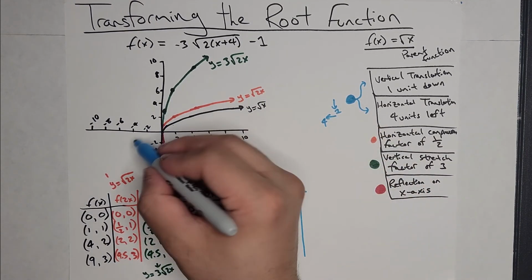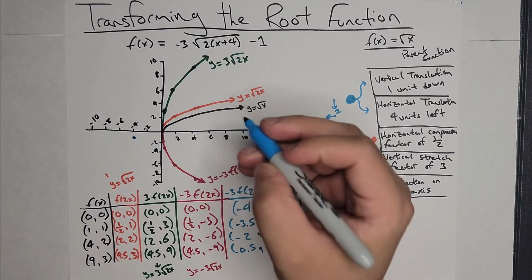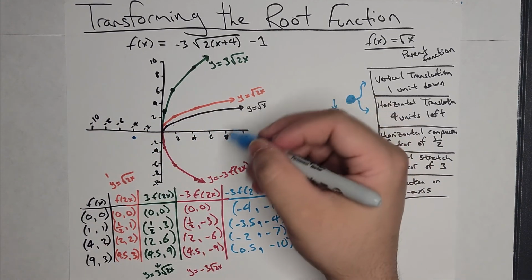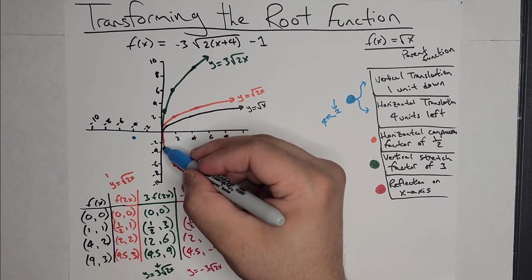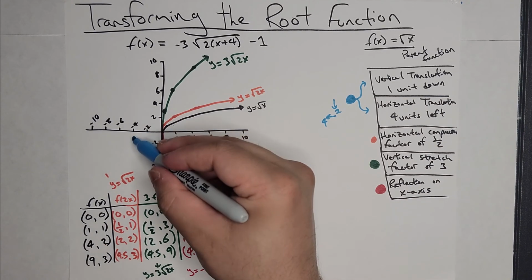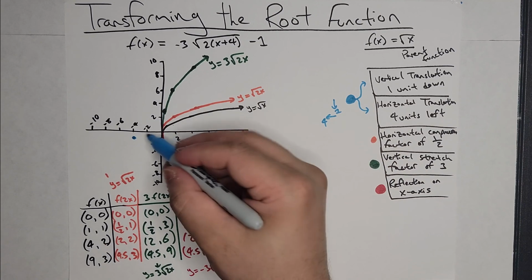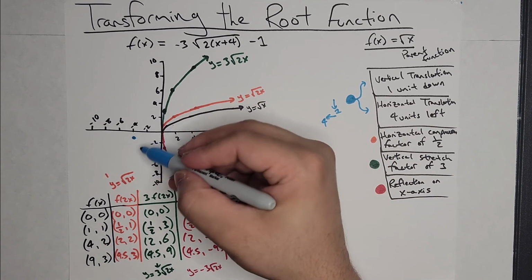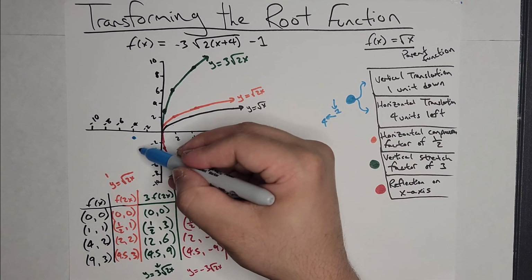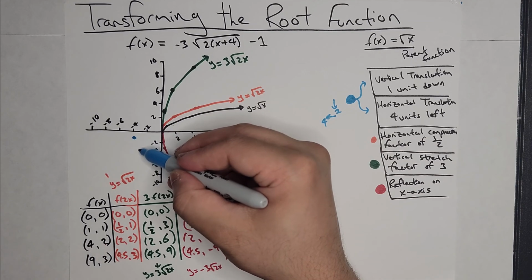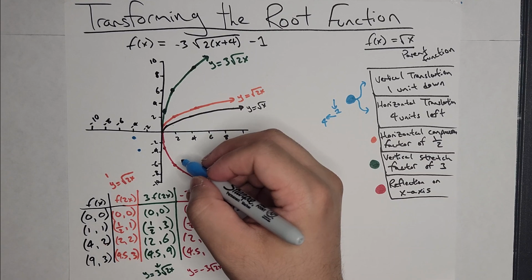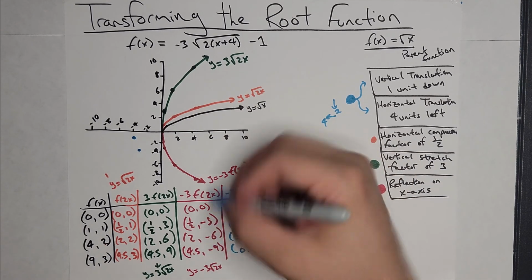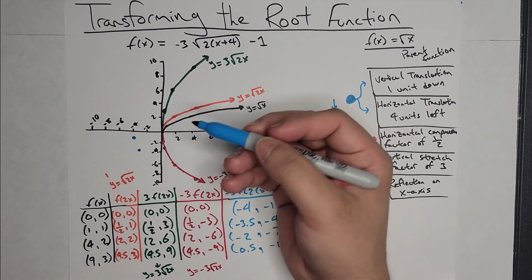So -4, -1. Now I have that point. That's my origin. So this one went -4 and down 1. My next point is -3.5 and -4, which is somewhere here, which is that point. And then same with, what do I have here?